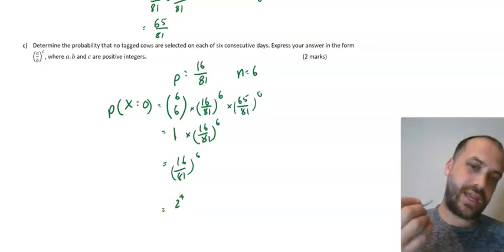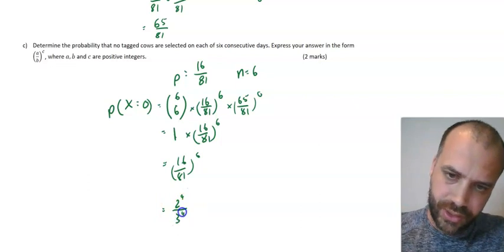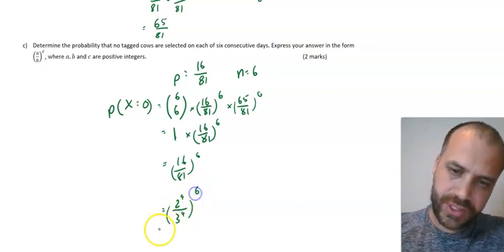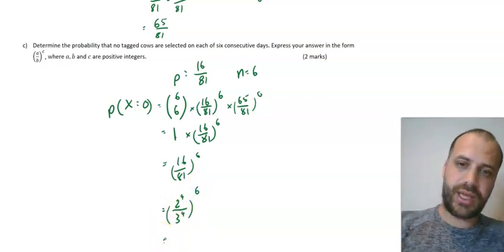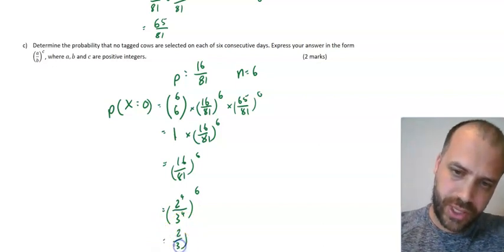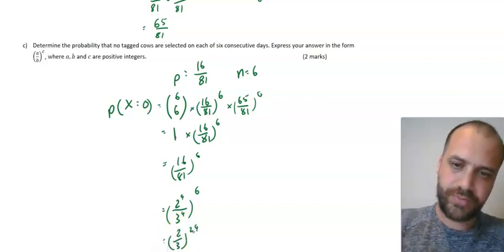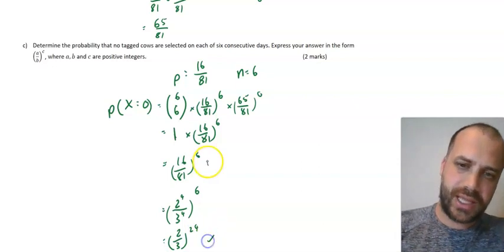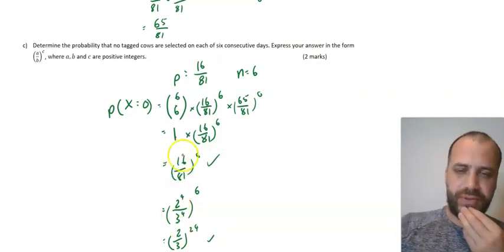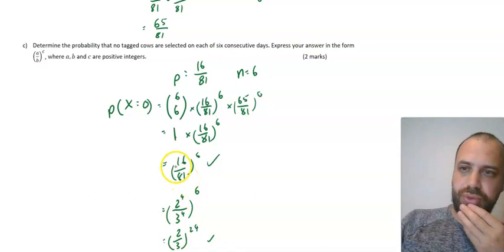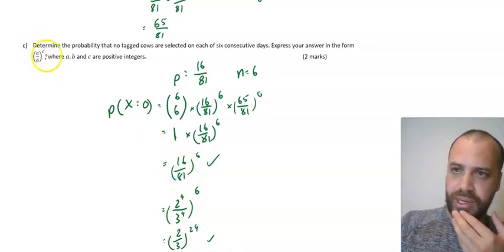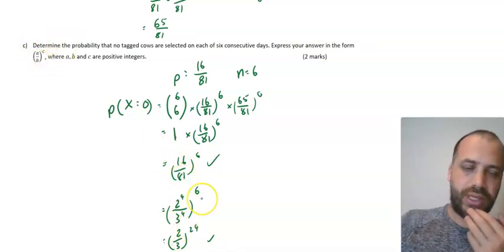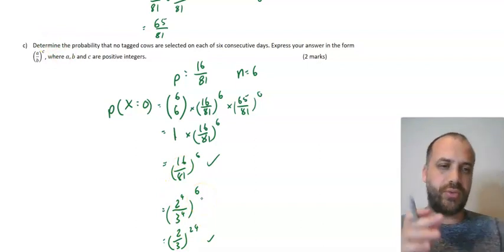And she knows that 81 is 3 to the power of 4, all to the power of 6. And we can now write that as 2 over 3 to the power of 24. That's probably a neater answer, but I'd have to say that the QCAA is going to accept both because we've got an A over B to the power of C in both instances. Great question, and we've got another one from Mrs. G coming up now.